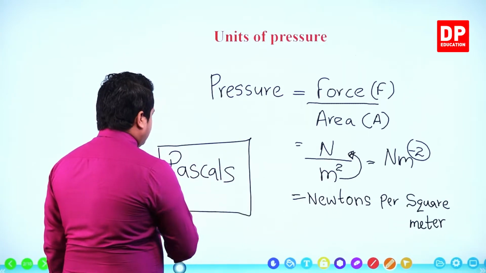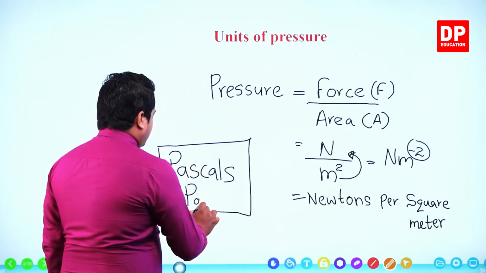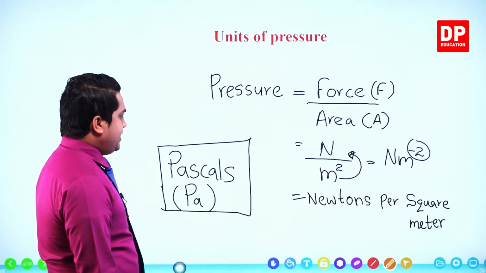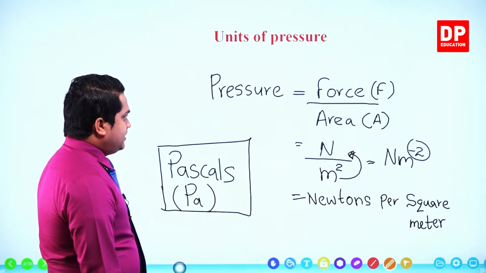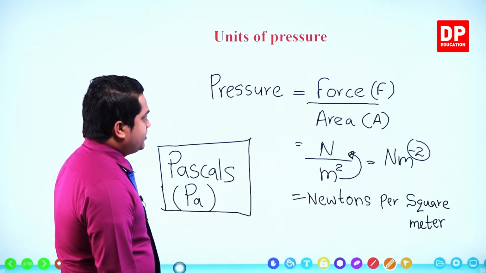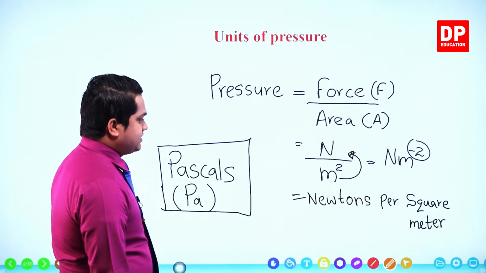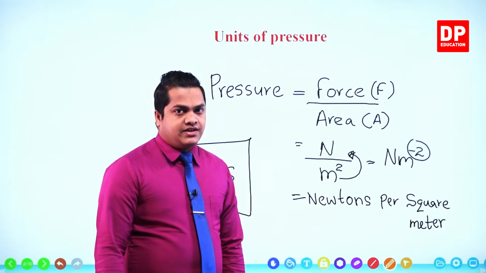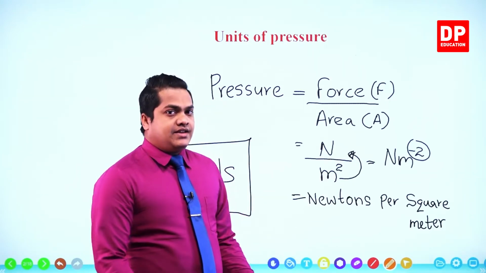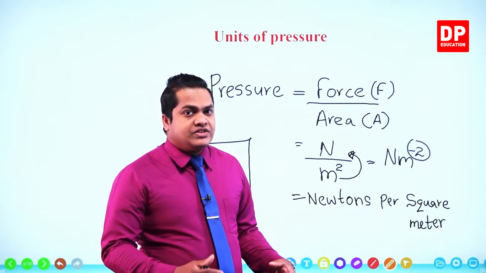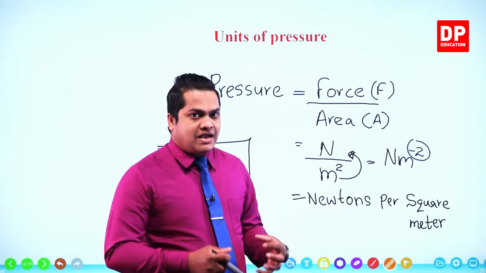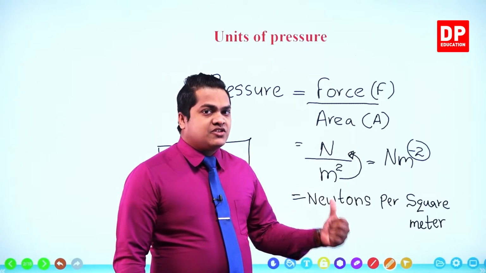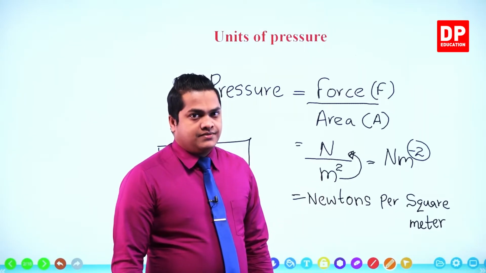Pascals, which goes by the symbol capital P and simple a. Normally we measure pressure by using pascals. Pascals means newtons per square meter. There is no difference in it. To honor the scientist Blaise Pascal, we define 1 newton per square meter as 1 Pascal.